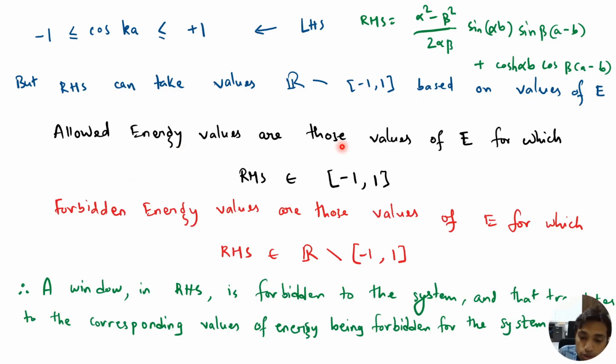But the allowed values are those values of energy E for which the right hand side belongs to -1 to 1. This point is clear, right? Yes, this is clear, sir.